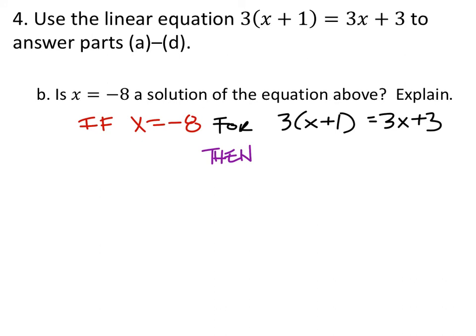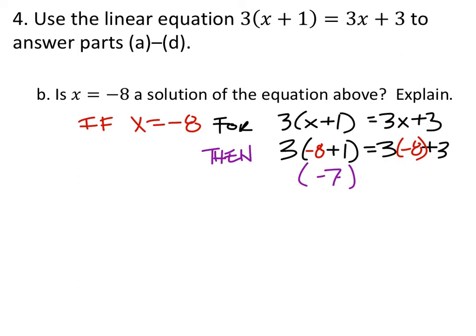So if x equals negative 8 for this equation, 3 times (x plus 1) equals 3x plus 3, let's try that again. 3x plus 3. But here we're saying that x is negative 8, so I'm replacing the x's with negative 8. Then I'll evaluate these and see if it's true. So negative 8 plus 1 would be negative 7.